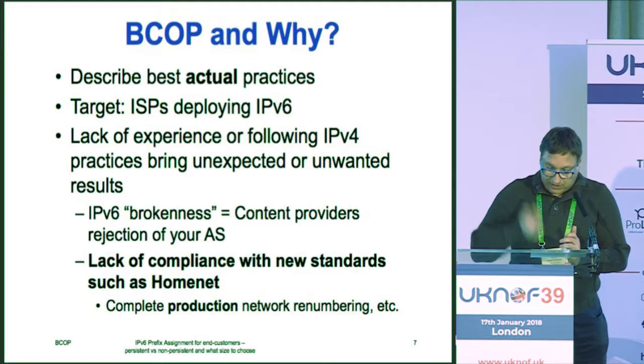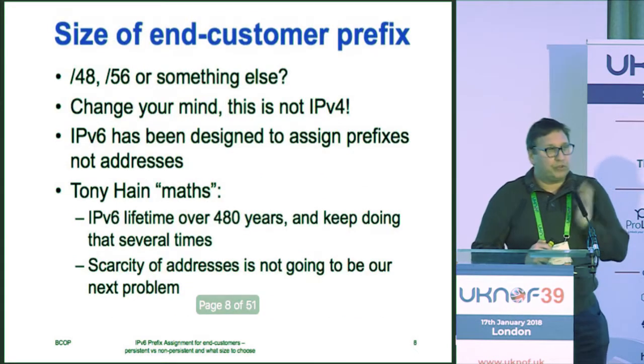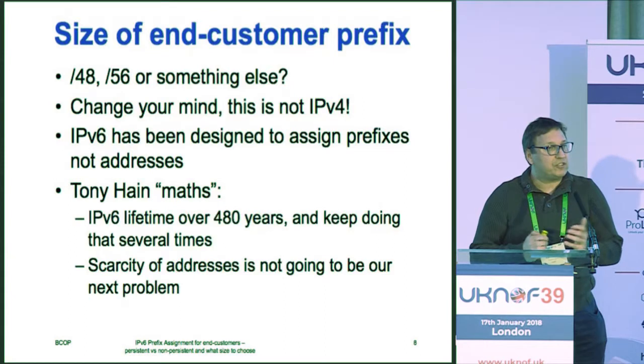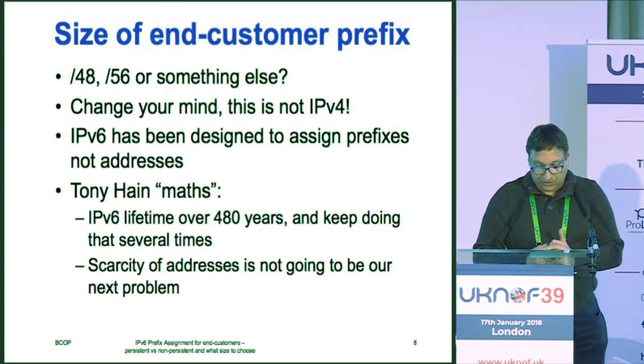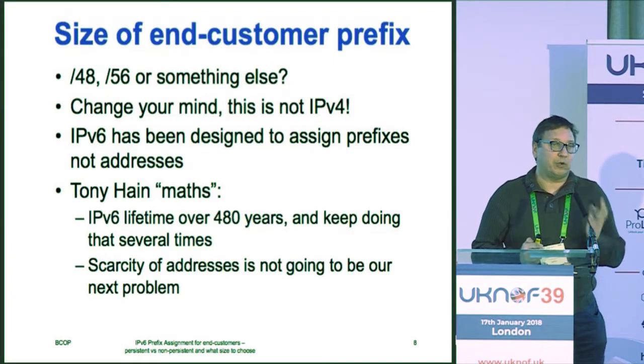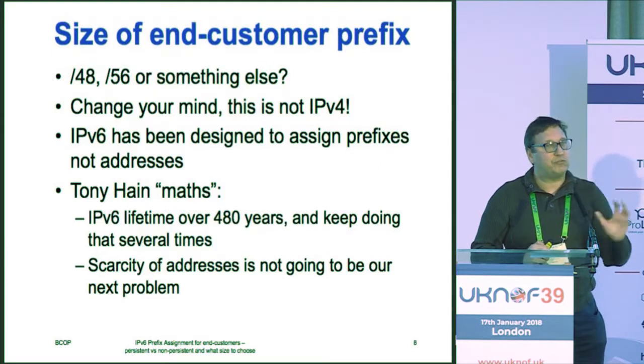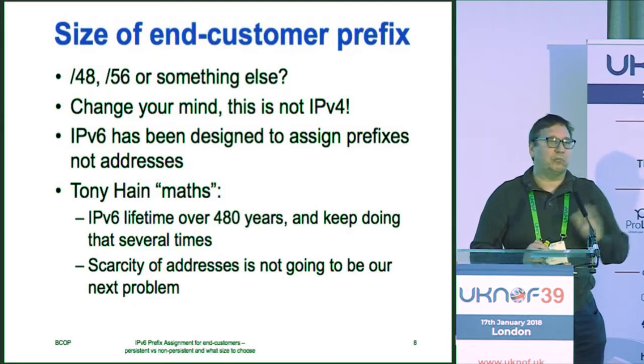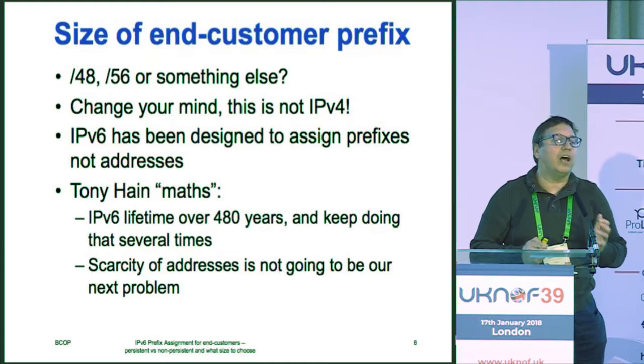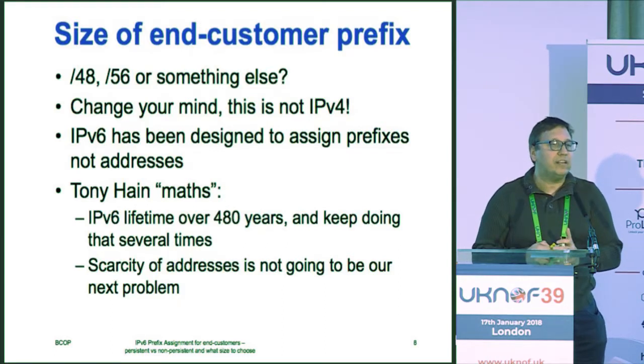I think I can skip this one. So the first point is size of the end customer prefix. Basically, the recommendation, as I just mentioned, is /48, but we also talk about the /56, and we describe why and if something else makes sense.